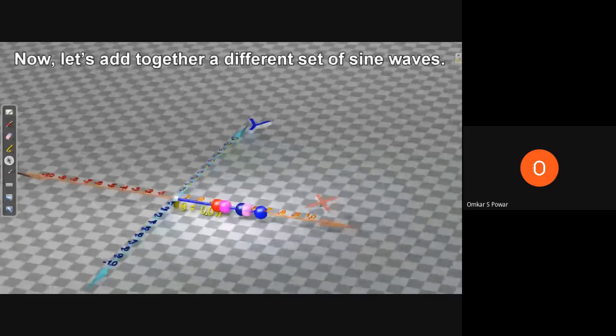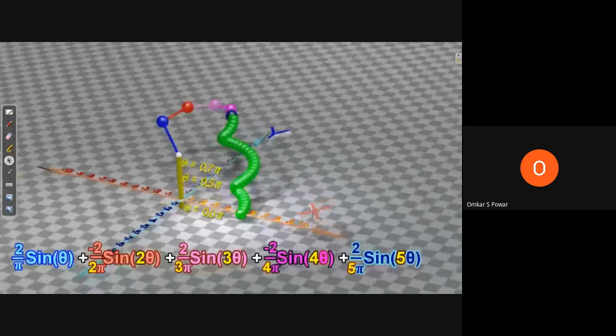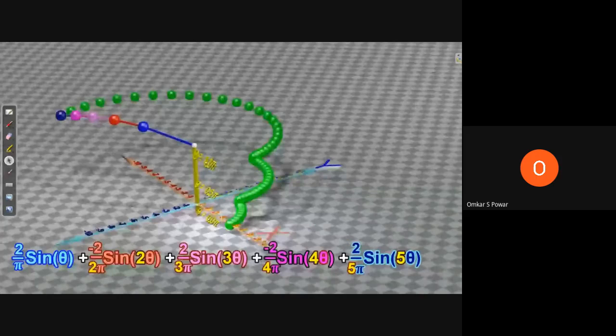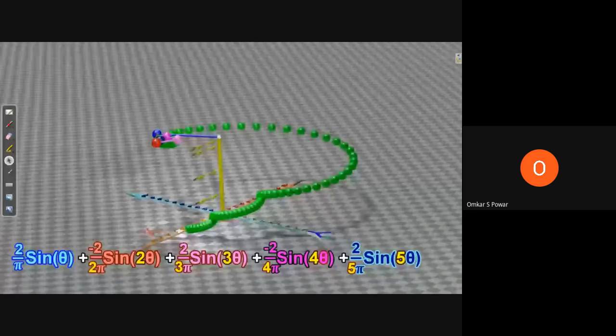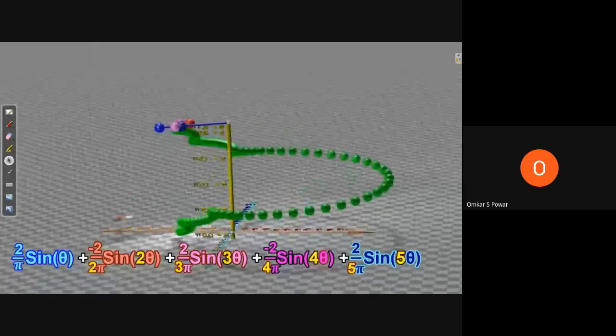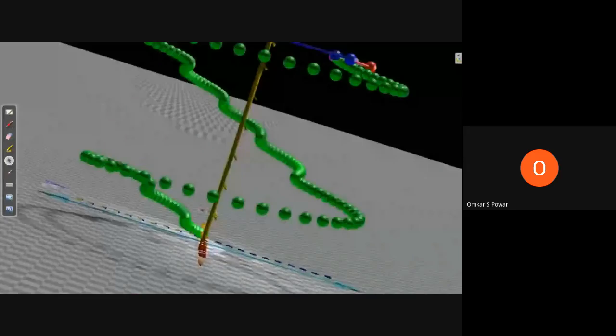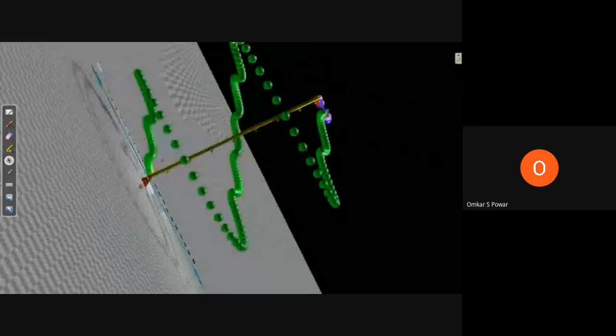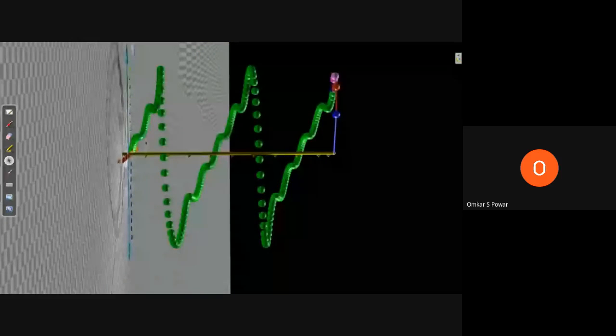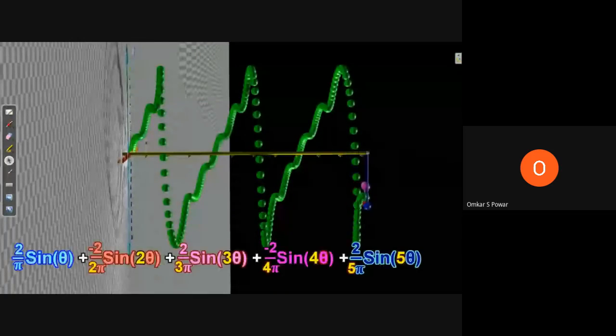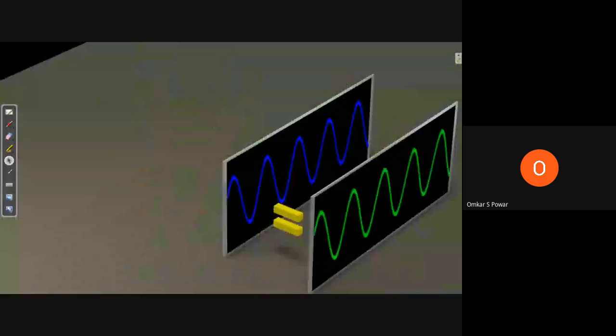Let's add a different kind of sine waves. What we will get, we will see. So what you are getting there, a ramp kind of view. Yes, a ramp kind of view you can watch there.